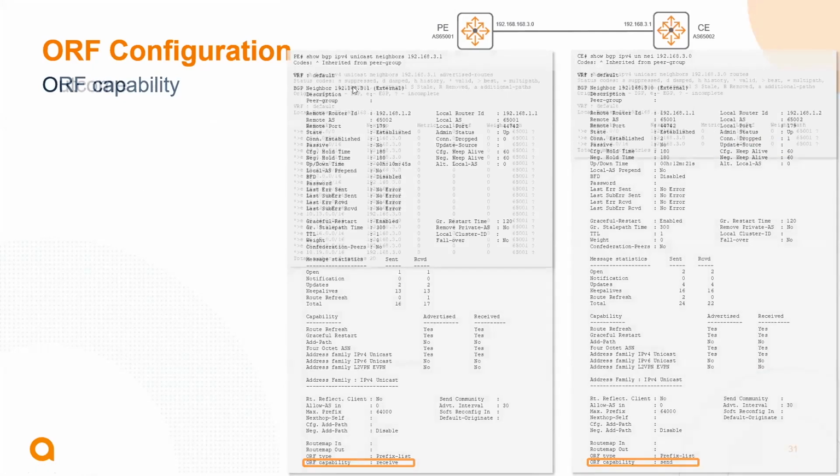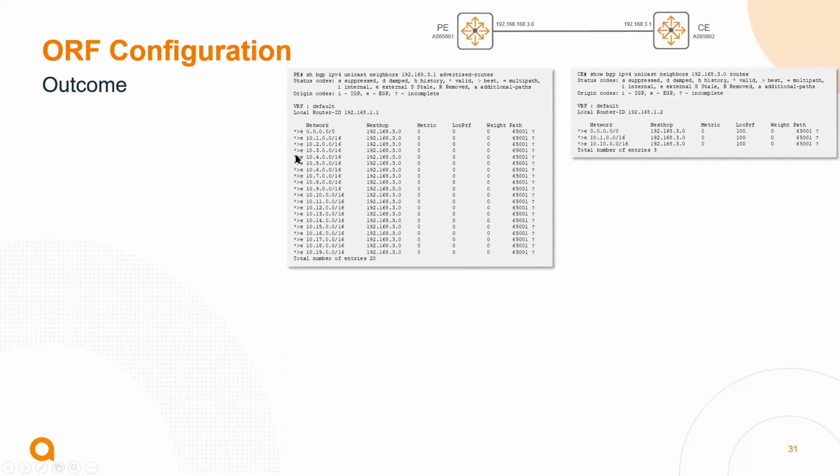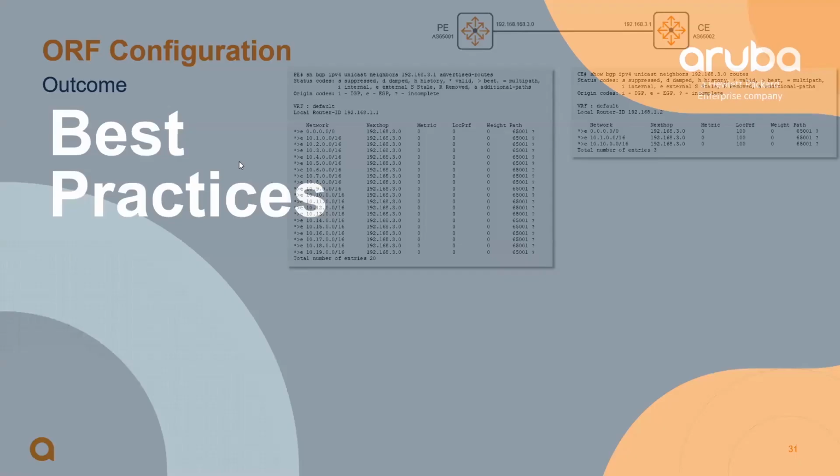The outcome: you see that we still have the same routes on the PE. However, the CE will consequently have only those three: default, 10.1/16, 10.10/16. Best practices.